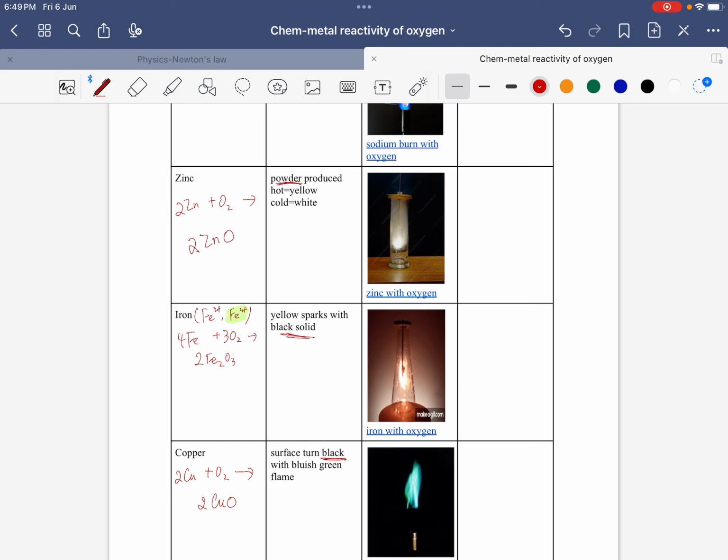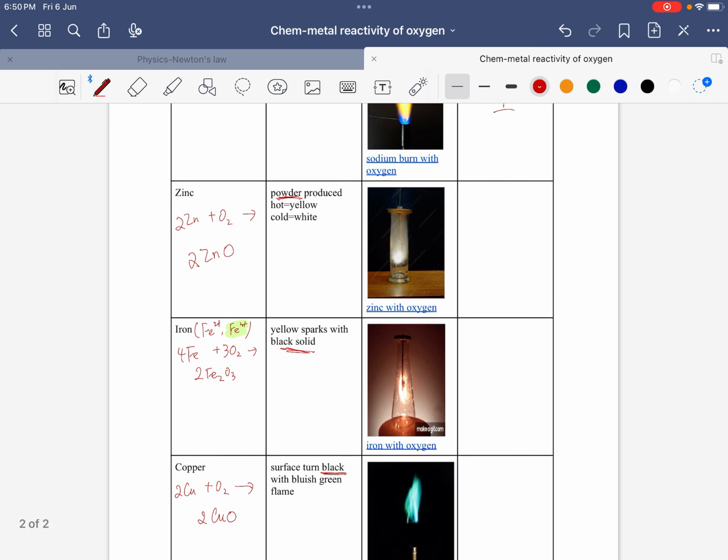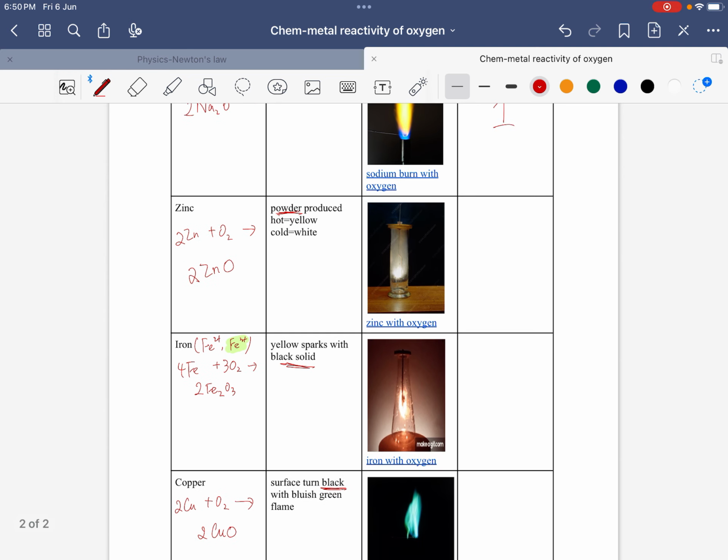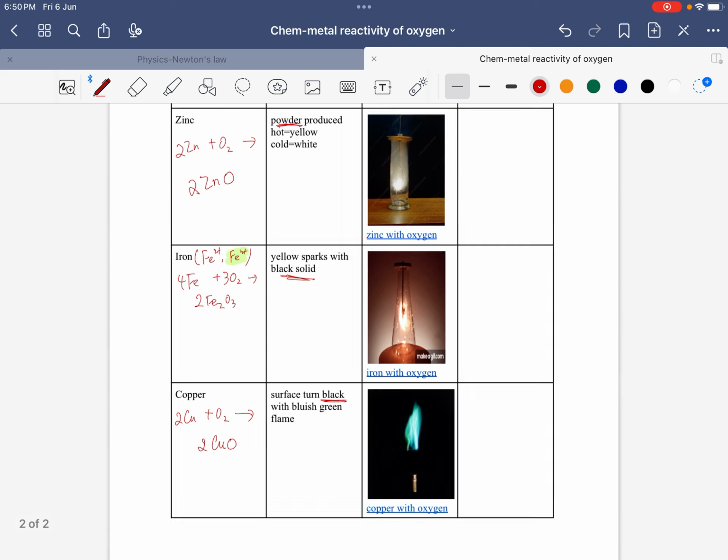So for zinc there is white light. White light is quite an intense reaction, and it will produce hot powder when you just complete the reaction. If you cool down the powder, it will turn white here. So for comparison, the white light is quite a strong reaction, so zinc should be the second most reactive.